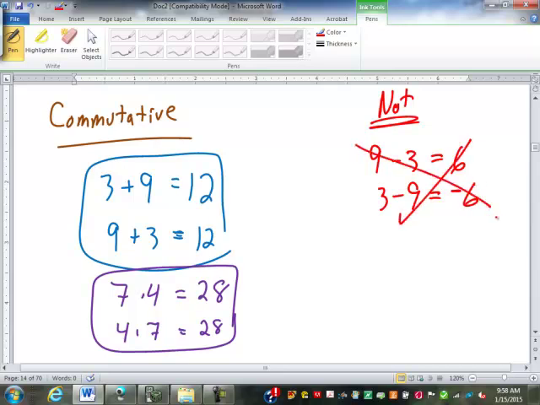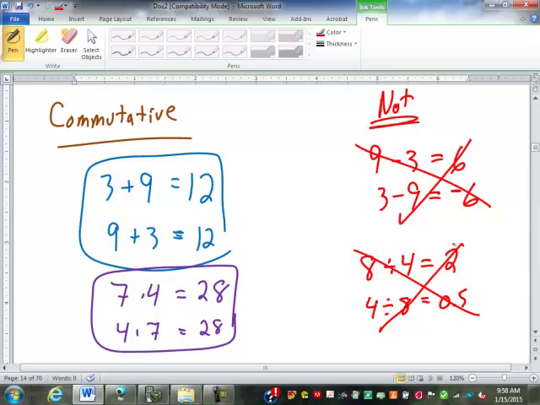Subtraction is not commutative. Similarly, 8 divided by 4 is 2. We don't even know how to do this yet. 4 divided by 8 would be 0.5 or 1/2. Division is not commutative.